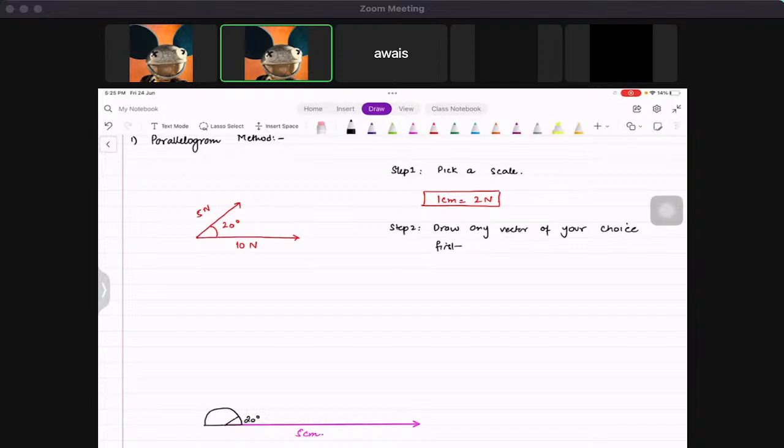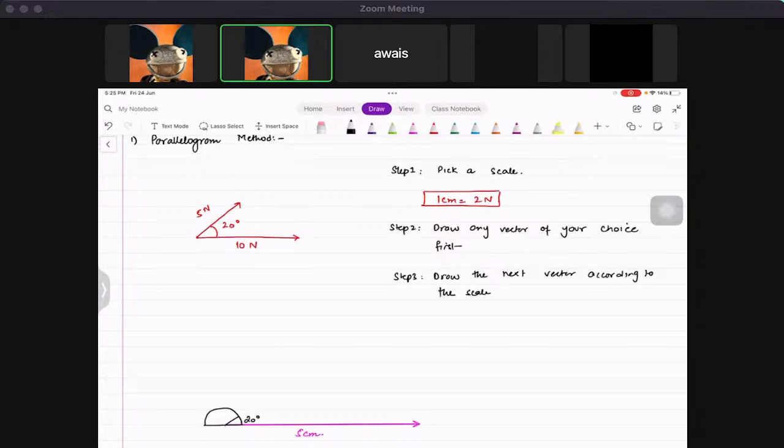Step 3 is to draw the next vector according to the scale. The next vector is 5 newtons, and 5 newtons on my scale would mean 2.5 centimeters.